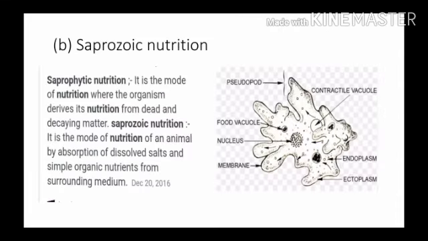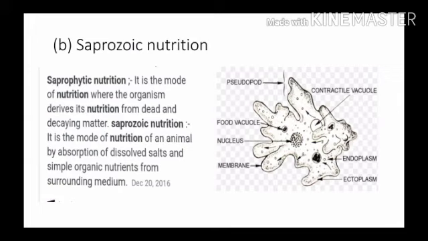The next one is saprozoic nutrition. Some insects and unicellular animals obtain nutrients by absorbing liquid organic material from the dead bodies of other animals or from the environment. This is saprozoic nutrition.